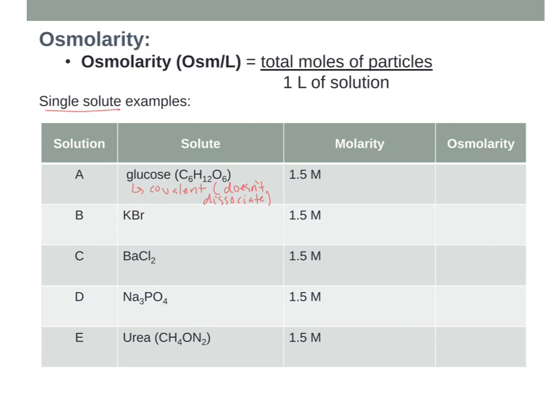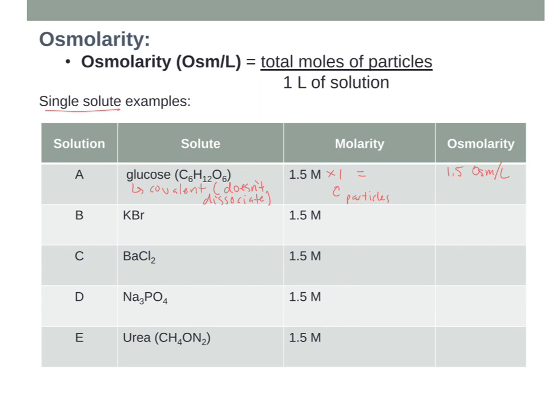So that means for every 1 glucose molecule that goes in, I only get 1 particle out. That's how many particles. And if I take 1 times 1.5, that means my osmolarity is 1.5 osmoles per liter. The osmolarity and the molarity are the same with a covalent compound because they do not dissociate.